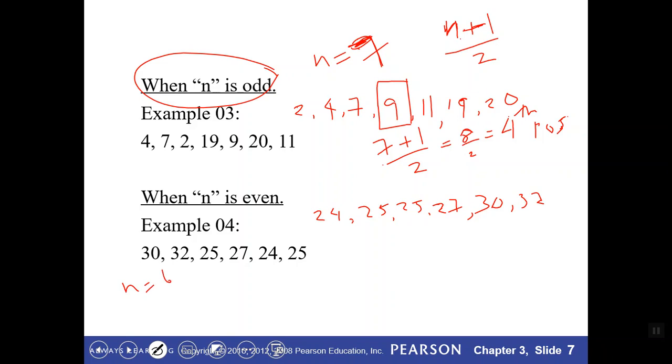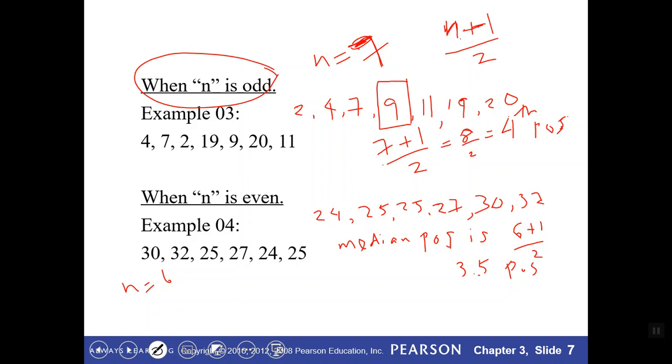In this case you have to do a little bit more work. Again, you can use the (n plus 1) divided by 2 equation to find the position. So median position is (n plus 1) divided by 2. n is 6, 6 plus 1 divided by 2, it is 7 divided by 2, it is 3.5 position.